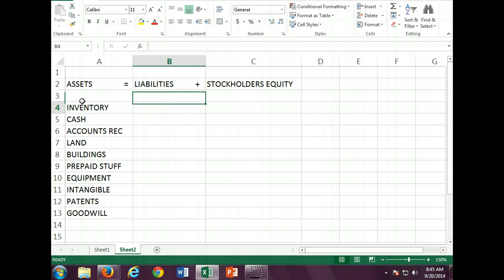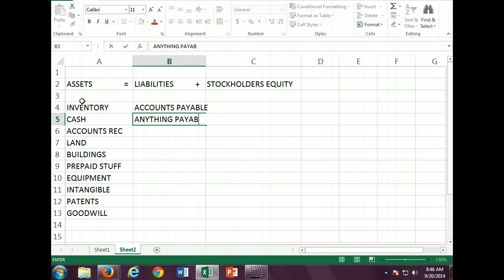What are liabilities? Accounts payable? I'm going to say anything payable. Did we talk about unearned revenues, where someone gives you money up front but you haven't done the work yet? You get that money, but you can't show it as income until you complete the work.